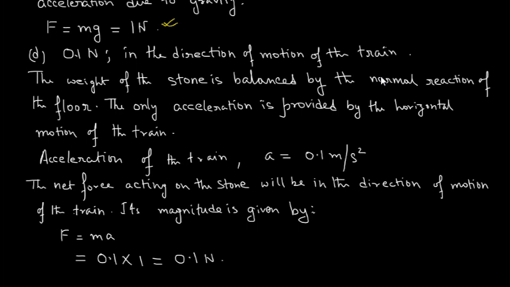Acceleration of the train is a is equal to 1 meter per second square. The net force acting on the stone will be in the direction of the motion of the train. Its magnitude is given by F is equal to ma, that is 0.1 into 1, that is 0.1 Newton. So this is the end of the question. Let us see the next question.